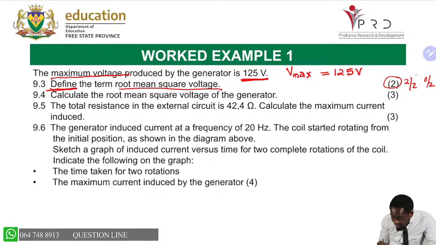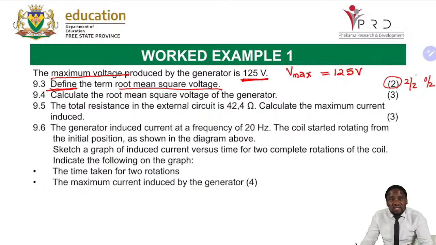Okay, we are looking for VRMS. And if it's 3 marks, number one, refer to the formula sheet. Identify the correct formula, copy it, including the subscripts. Substitute correctly. Carry out the calculation using a calculator. Show all the substitutions and show all the calculations. Include the correct SI unit. Those are the key things.